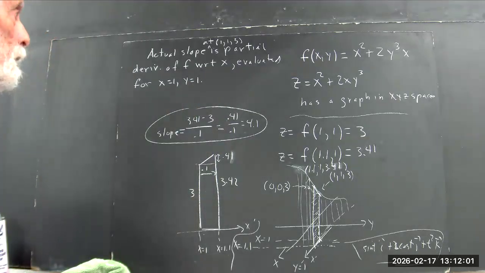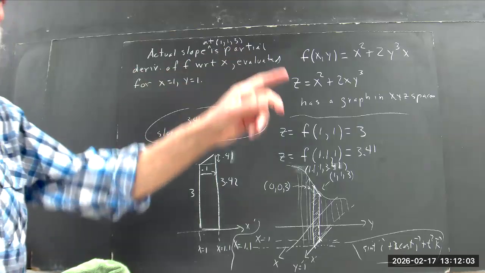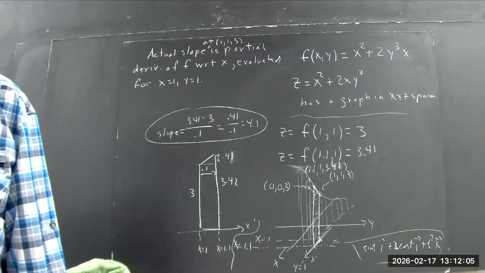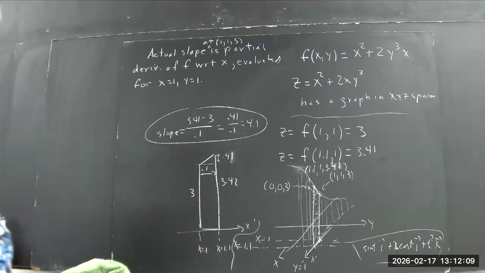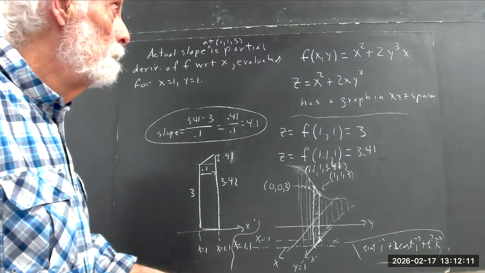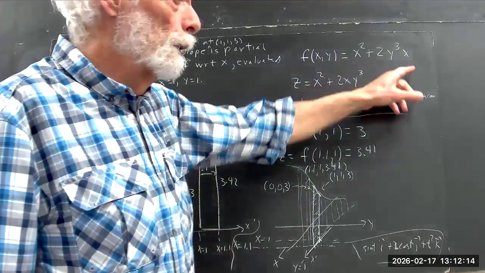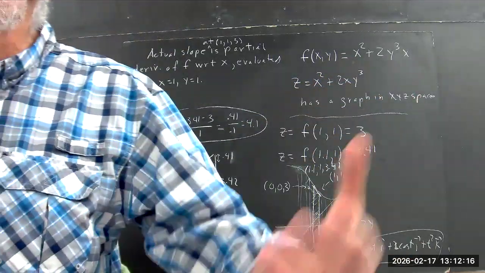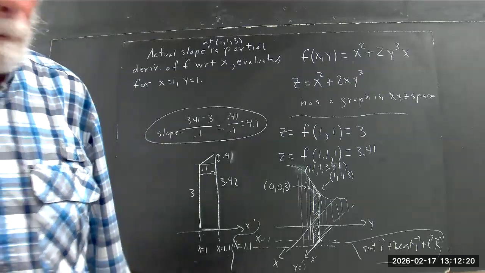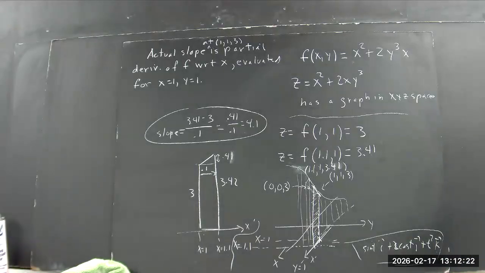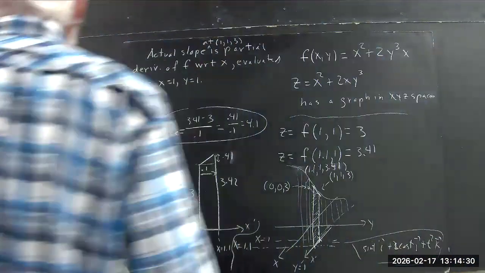Now the partial derivative of f with respect to x is calculated very easily. I'm going to ask you to calculate it. Just take the derivative of this thing with respect to x and treat y as a constant. What do you get? Okay.